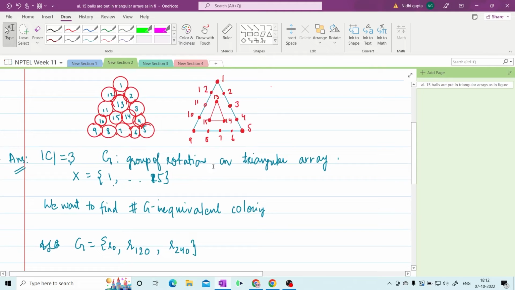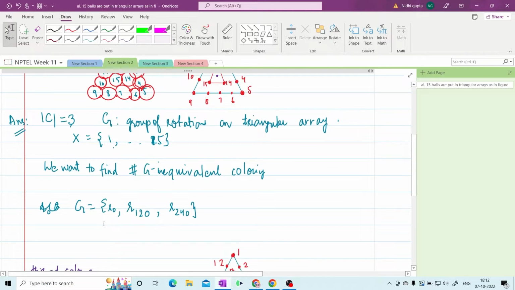So first of all, what is our group G? It is the group of rotations. What all rotations are possible in a triangle, taking this as center, such that after rotating we get the same figure? We have 3 rotations, which are R0, R120 and R240.